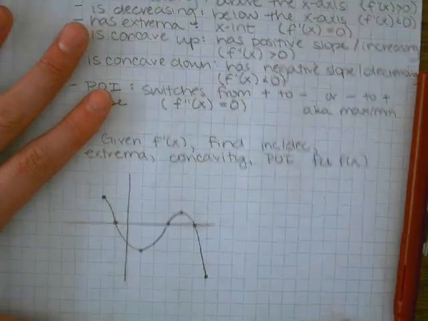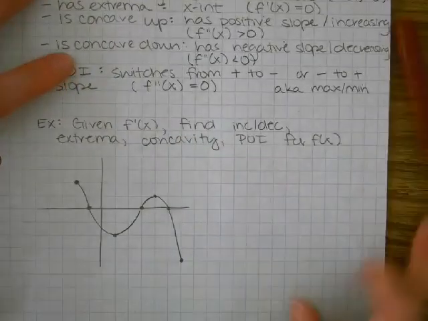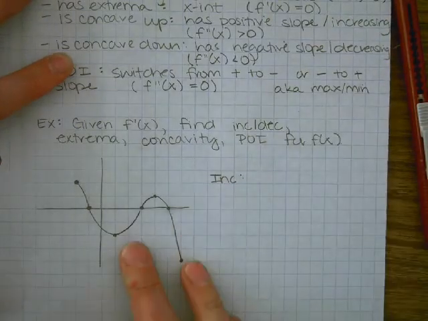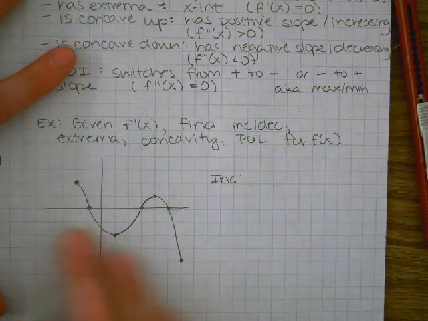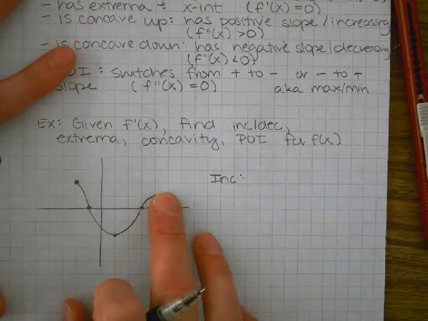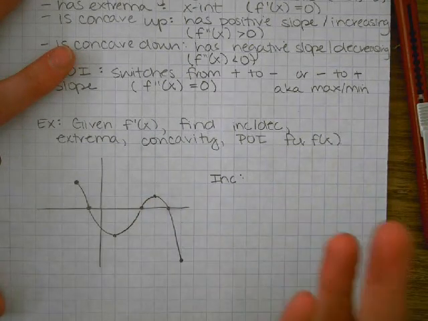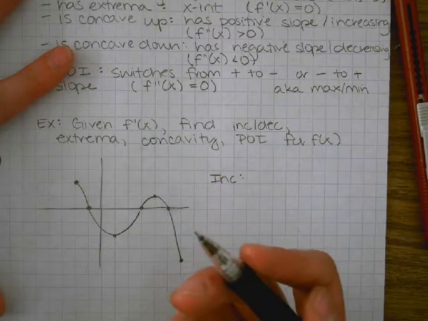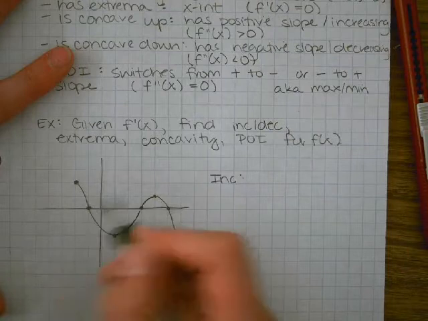Okay. So if we want to see where the original function was increasing, then we're going to look at the parts of the derivative that are above the x-axis, because those are the parts where the derivative is positive, greater than 0. Since the derivative means the slope of the original, that's why we would use those positive values.